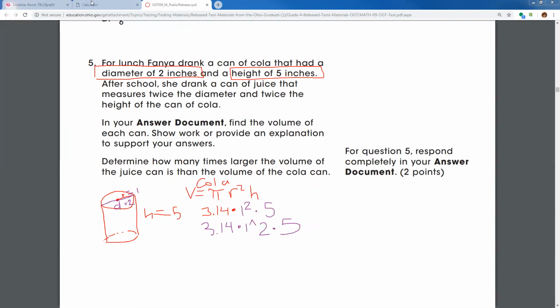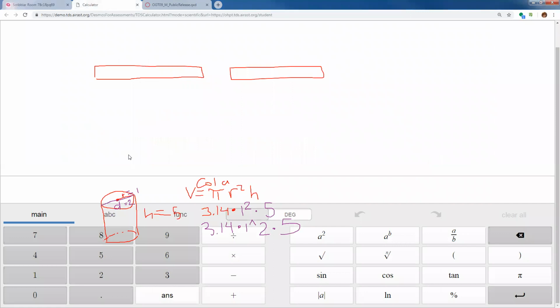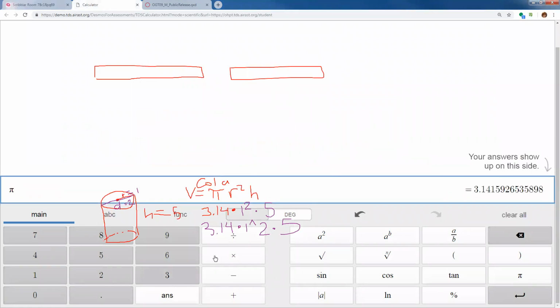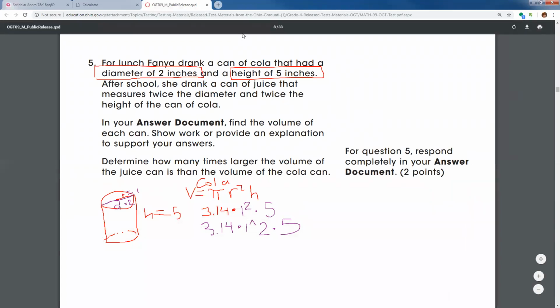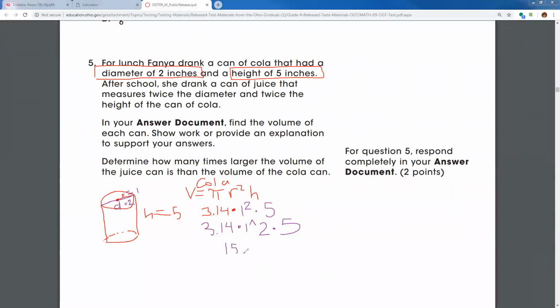If you use the built-in calculator, there is a pi button on the built-in, so you can hit pi multiplied by 1, and then it just has an A squared. So however you can get that exponent of 2 on your calculator, you get the exponent of 2 times the 5, and we can round and just say 15.7. So the cola can has a volume of 15.7.